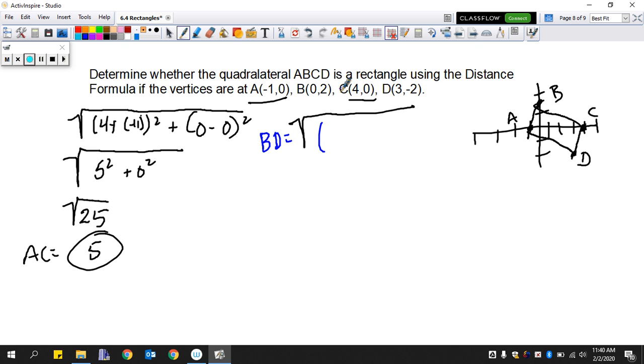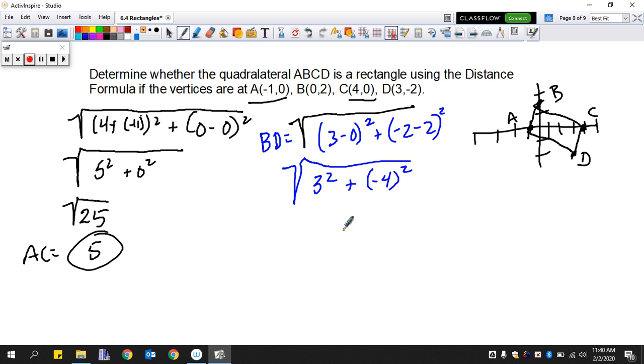That's 3 minus 0 squared plus -2 minus 2 squared. 3 minus 0 is 3 squared plus -2 minus 2 is -4 squared. 3 squared is 9 plus -4 squared is a positive 16.